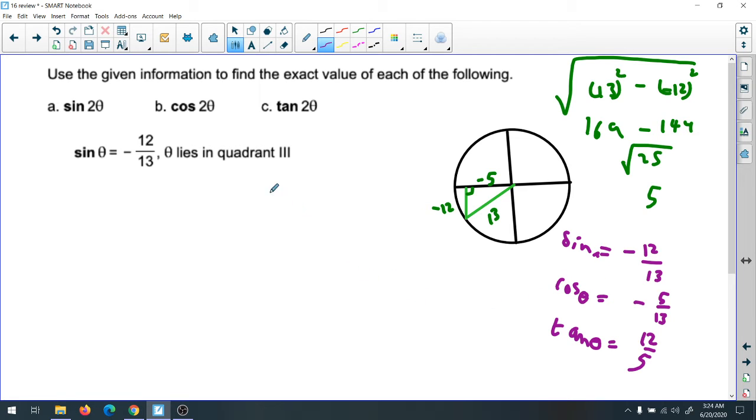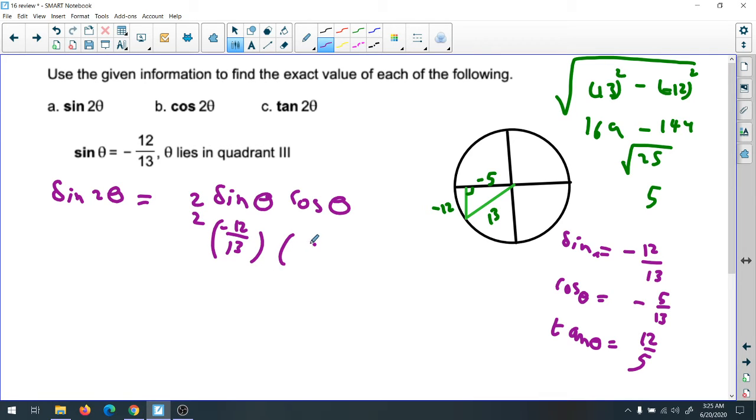Now, let's go over sine double angle. Sine double angle, if you remember, it's just sine cosine plus cosine sine. So if you add, it will be 2 sine cosine. So sine double angle equals 2 sine cosine. Sine is negative 12 over 13.